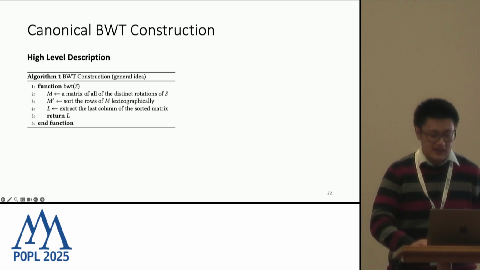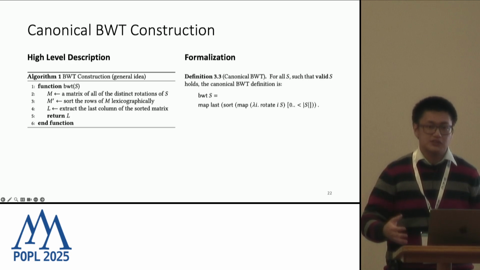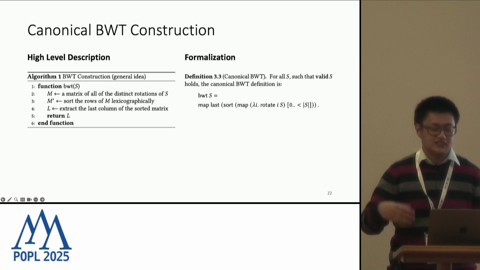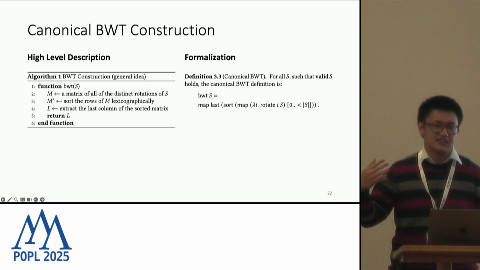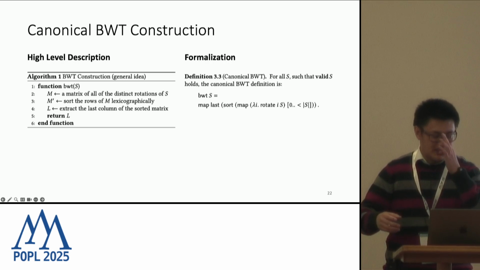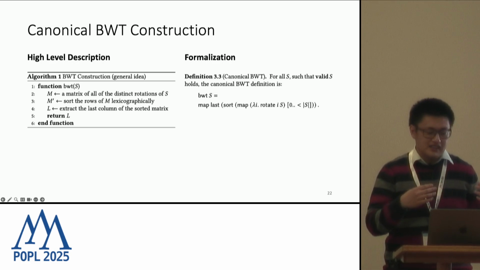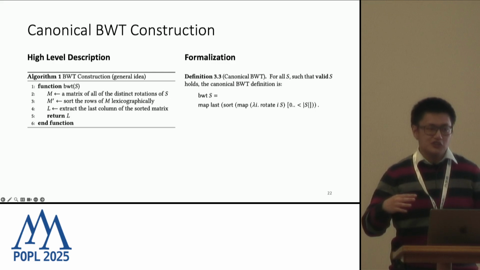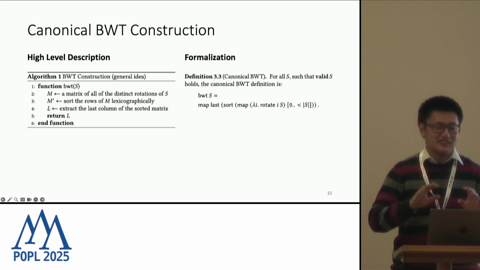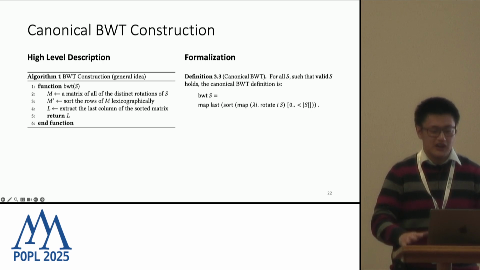And so we can then use Isabelle's inbuilt list functions, such as rotate to rotate lists, sort to sort them, although we do have to instantiate the ordering with lexicographical ordering, and also last to just take the last element of the list. Now, strictly speaking, in our definition, we purposely make it total so that we don't run into all those other issues because of it being a partial function.